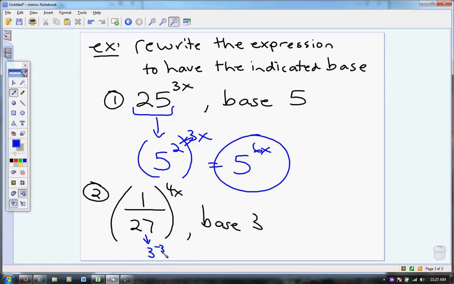And that whole mess is to the 4x power. So then we would do power to a power, and I would get 3 to the negative 12x power. What's that? No, because we wanted to write it with a base of 3. So we've done what we were asked to do.